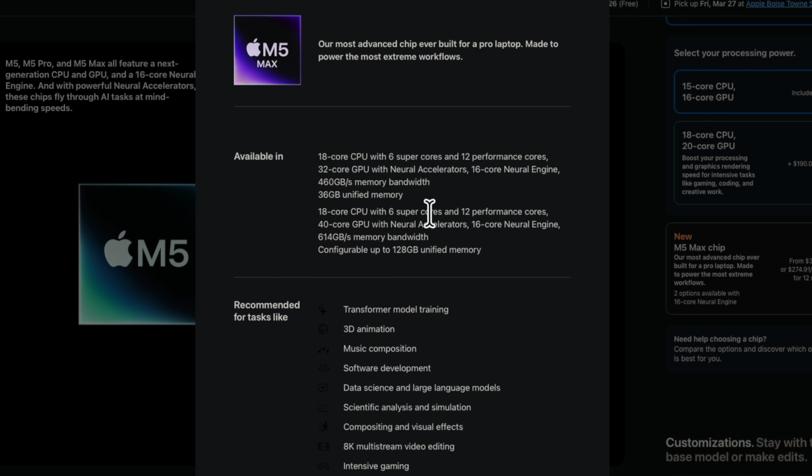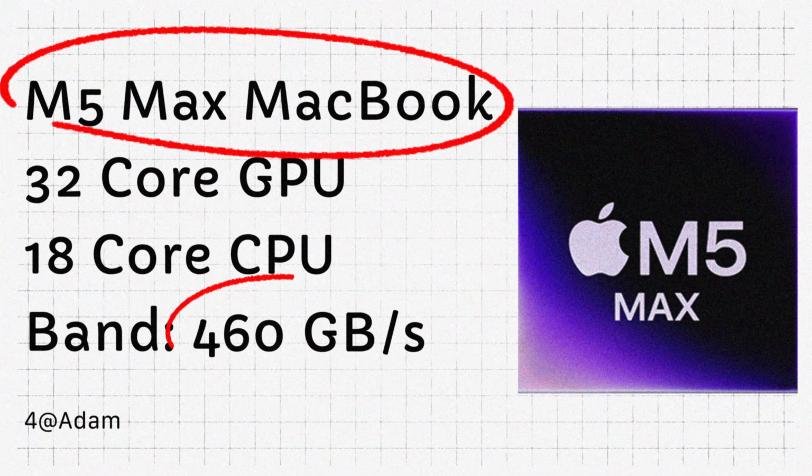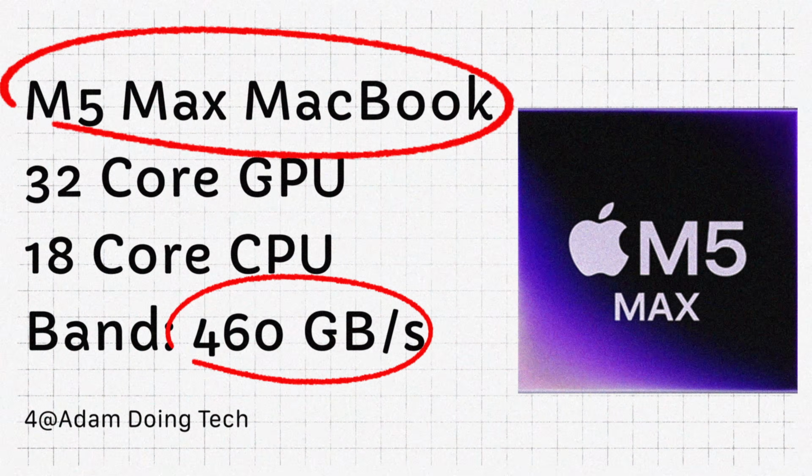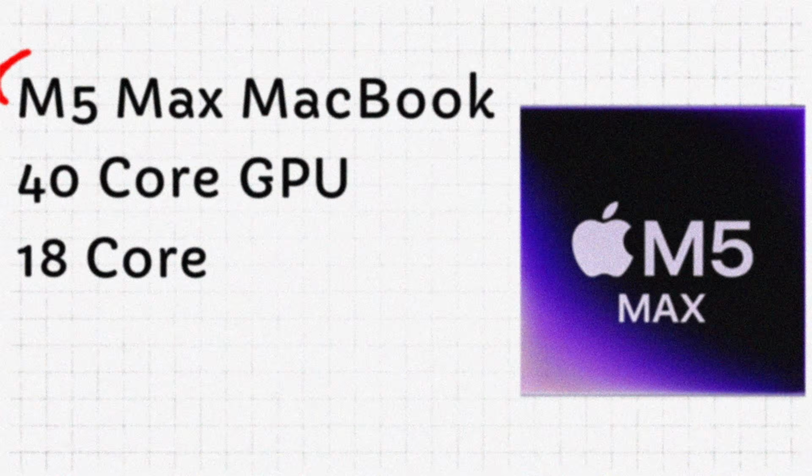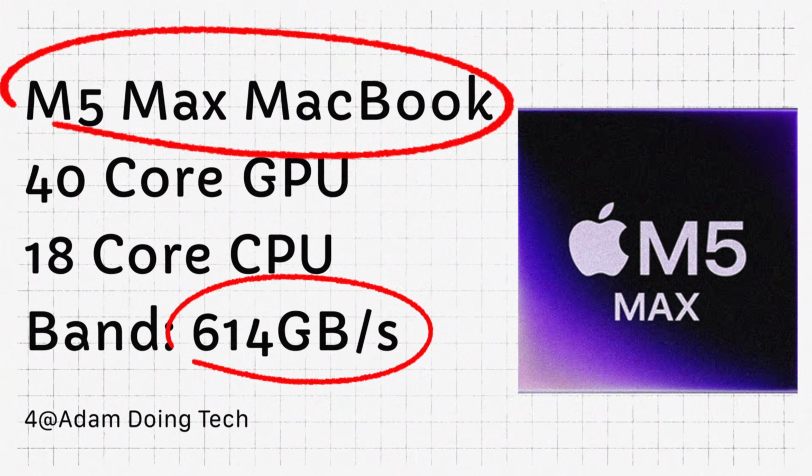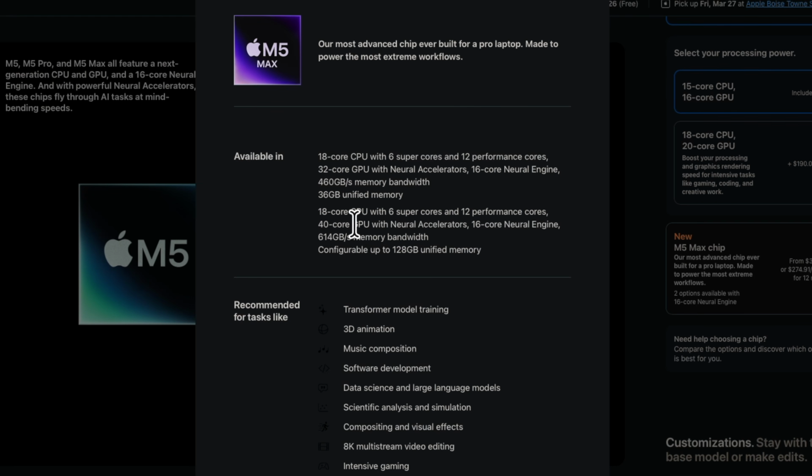So with the base chip, you get 18 core CPU and then 32 core GPU. With the higher variant, you still get 18 core CPU, so it's the same. However, your GPU will jump to 40 cores, so that's an extra 8 cores, which is decent. But honestly, my recommendation for the higher variant is not the 40 core GPU, because you are getting an extra 8 cores.